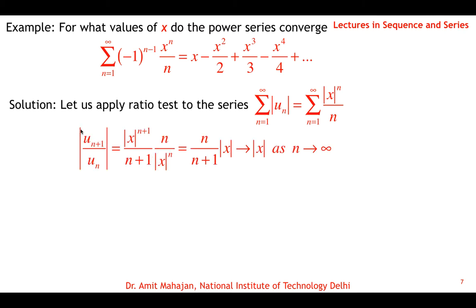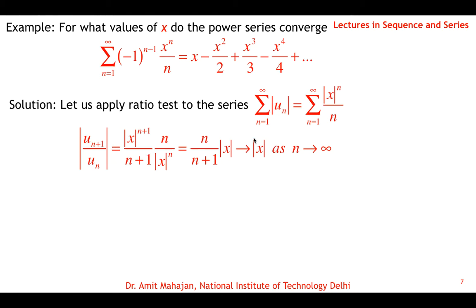If we calculate this u_(n+1) by u_n, it is divided by u_n, so it reverses, and we can rewrite it as n over n plus 1 into the absolute value of x. When n goes large, this tends to the absolute value of x, and we know by the ratio test that this series will be convergent if, when n goes large, this value is less than 1.